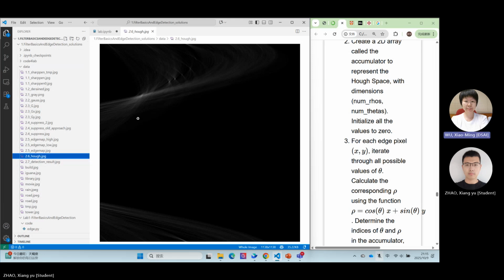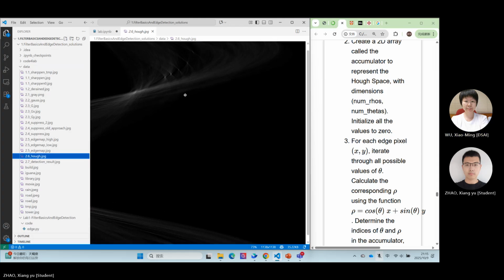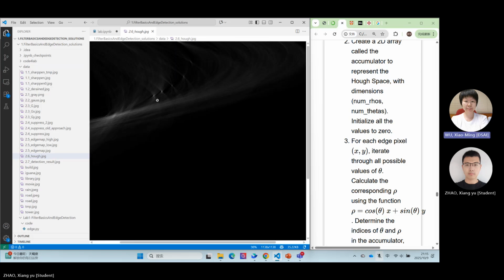This is the result of translating the original edge image to a Hough space, and we can see that there are several points that a lot of curves pass through. These points mean the straight lines in the edge maps.